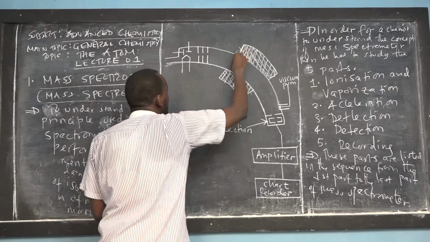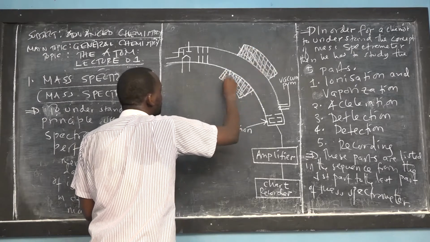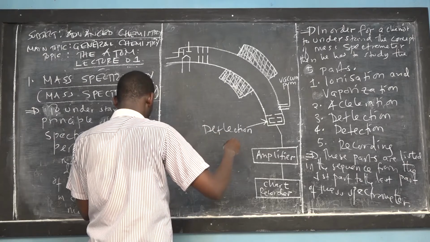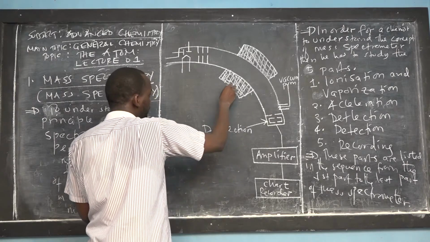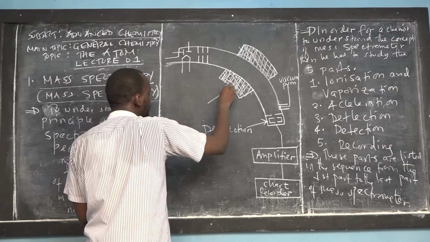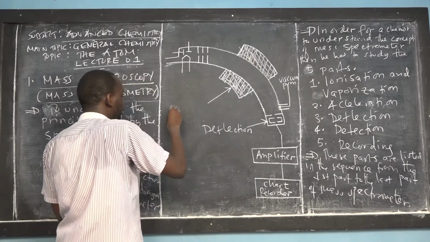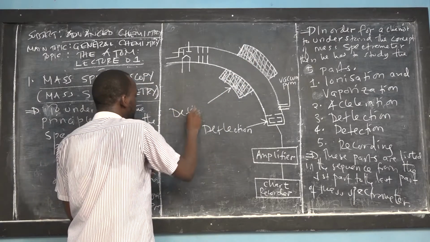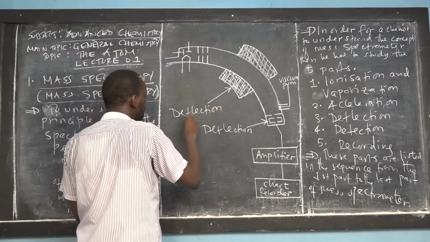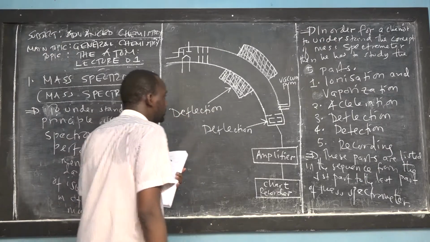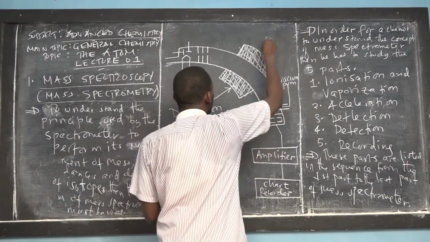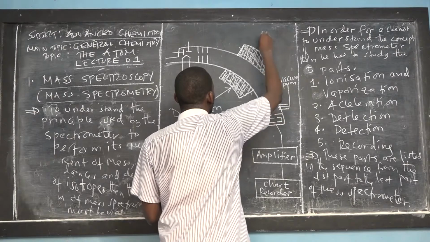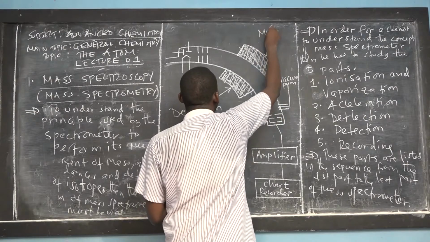So it has a shadow. So this section, when you say this section, both this and this, we call that section is deflection. Deflection region. But what does it do, this deflection? This is a magnet.